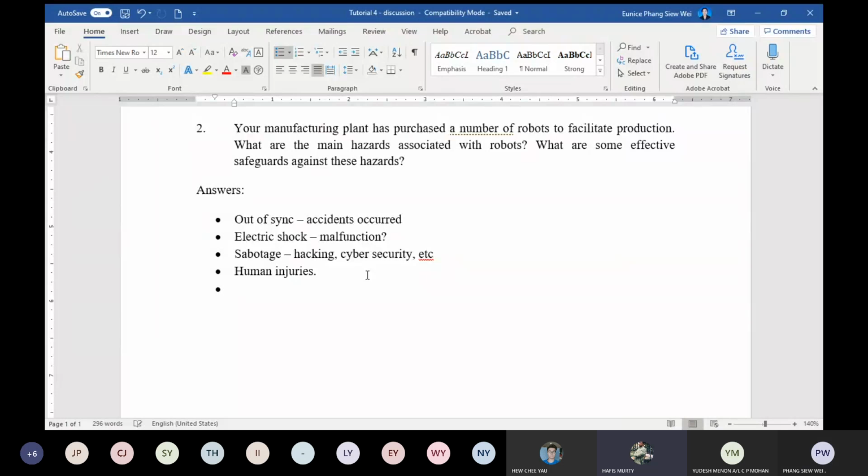Emergency shutdown of the robots if they get out of hand. Emergency, the hazard? I'm talking about hazards. Yes, I want the hazards, because the moment we have all these hazards, then we know how to counter them. What if a component short circuits? Yes, component short circuit.